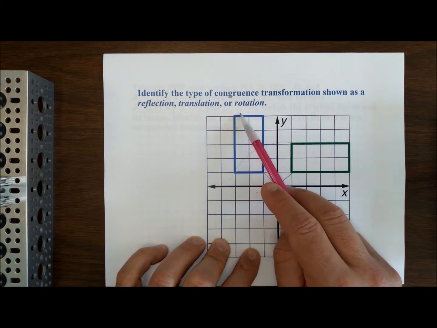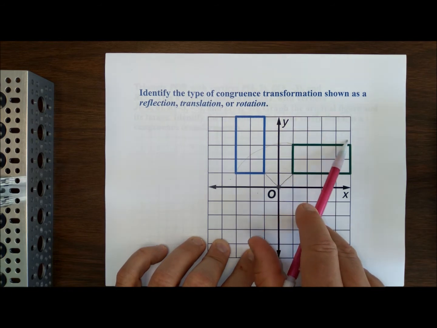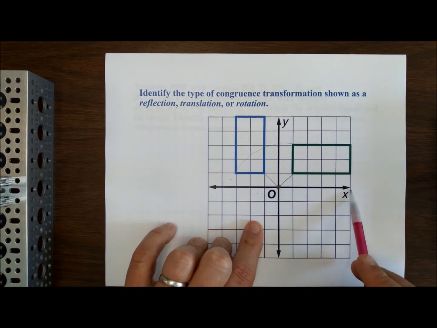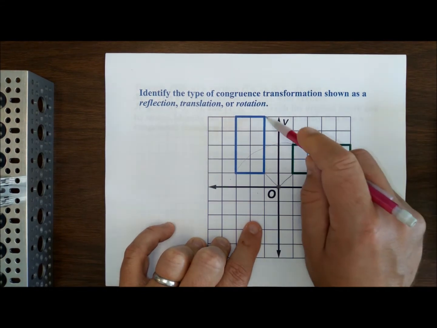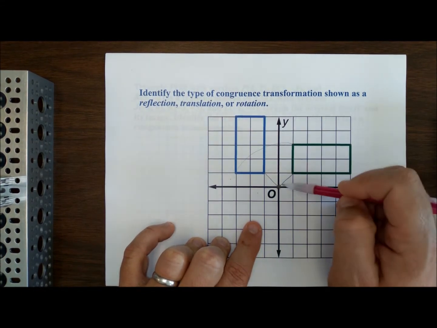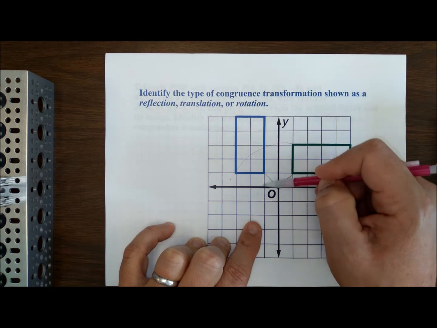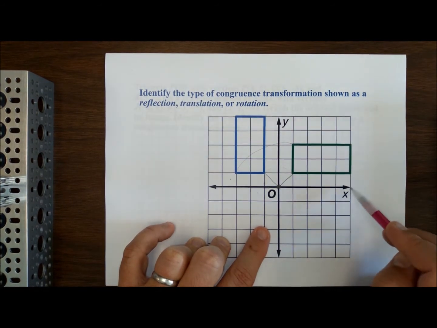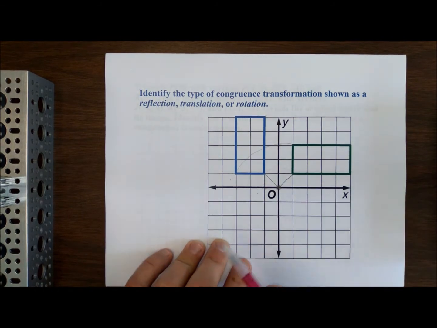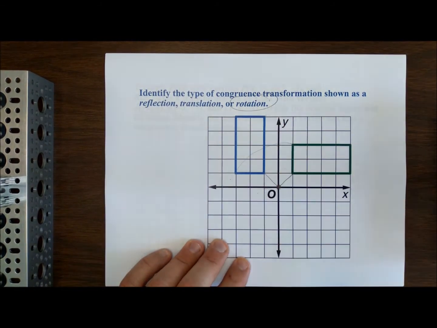And that point swings all the way over here, where I have a delta x of 5 and a delta y of 3. So that point ends up here, and this point ends up here. You can see I've got a delta x of 1, delta y of 5. Here I've got a delta x of 5 and a delta y of 1. So this looks like a rotation about the origin.